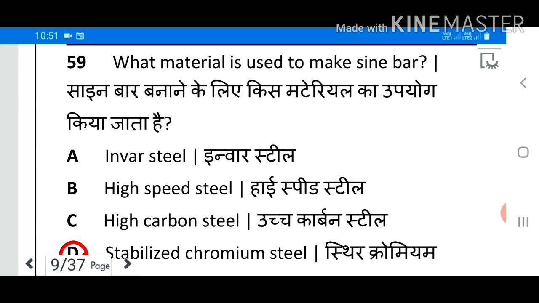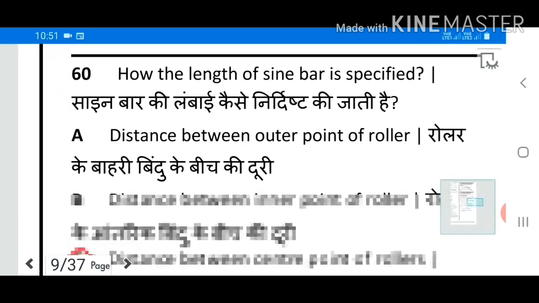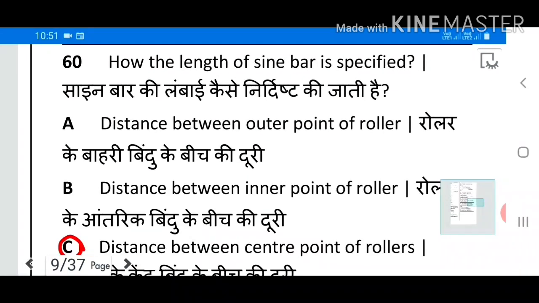What material is used to make sine bar? Answer D. Stabilized chromium steel. 60. How is the length of sine bar specified? Answer C. Distance between center point of rollers.